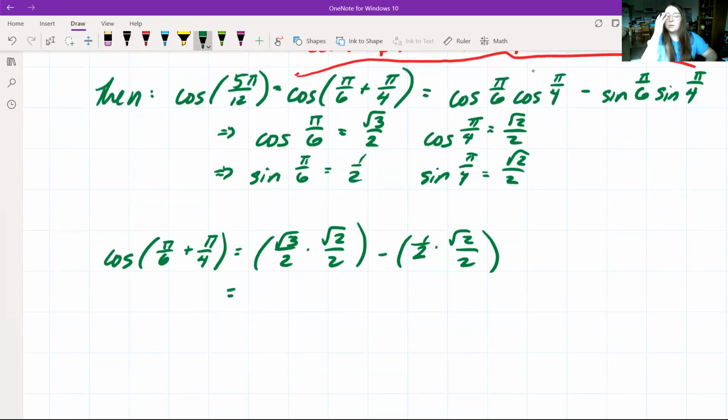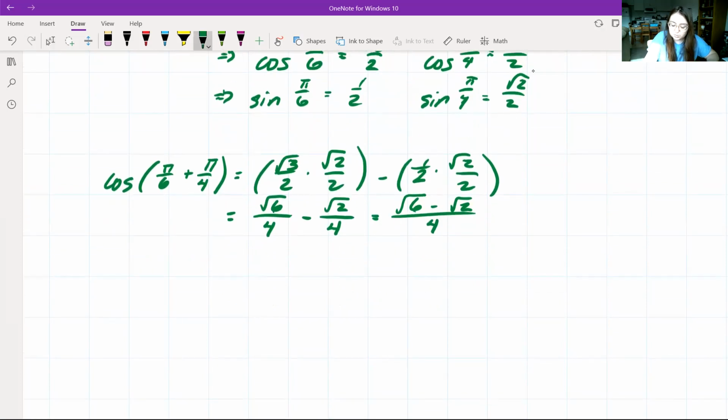Simplifying this down, square root of 3 times square root of 2 is going to give us a square root of 6 over 2 times 2, which is 4. And 1 times the square root of 2 is going to be square root of 2 divided by 2 times 2, which is 4. And lastly, we can combine these terms to end up getting the square root of 6 minus the square root of 2, all divided by 4.